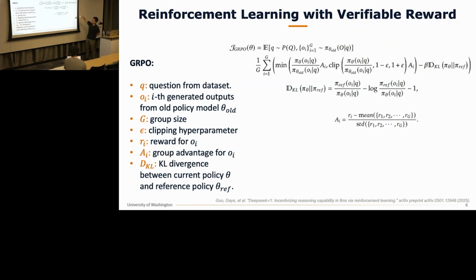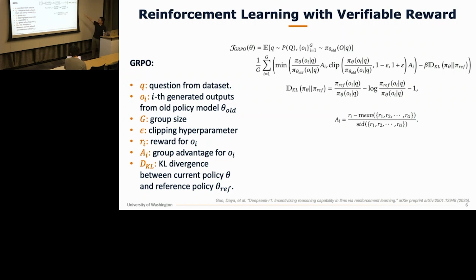For this GRPO algorithm, let's say you have a set of math questions and a distribution over them, and every time you sample one question, q, from the dataset. Let's say p_Q is the distribution over your dataset. One special thing about GRPO is that for each question during training, you don't output just one answer, because a language model can always have random outputs, since the temperature makes it non-deterministic.